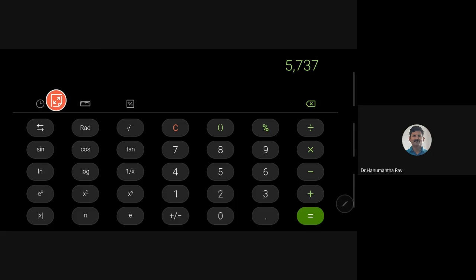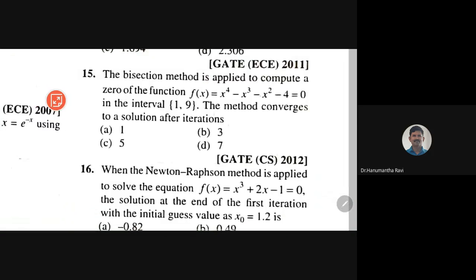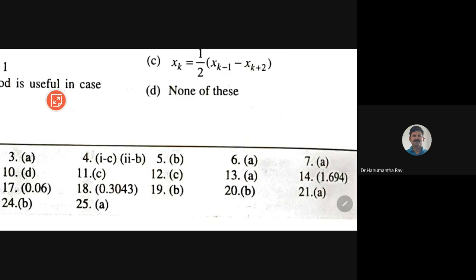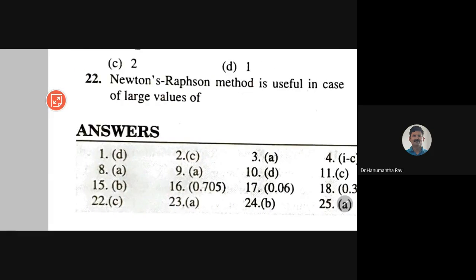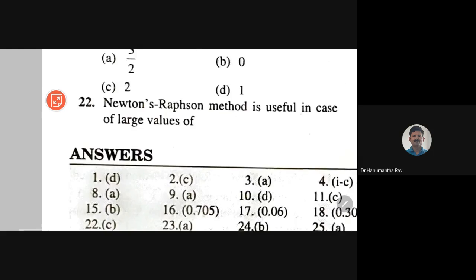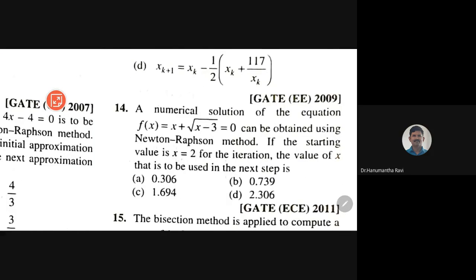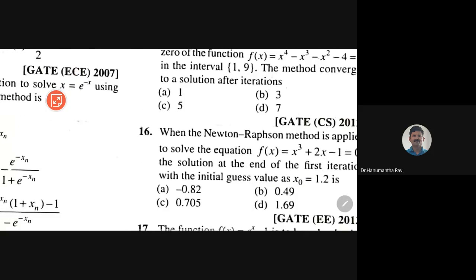Yeah, right, the answer is C. For 15, the answer B is saying no, it is C. There are so many errors here. 15, it is C, it is correct, because 1 plus 9 by 2 is 5.